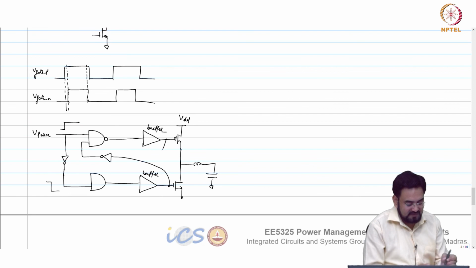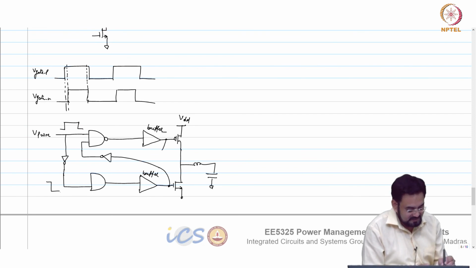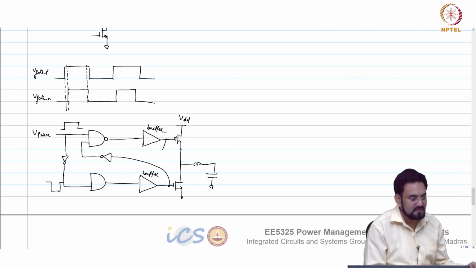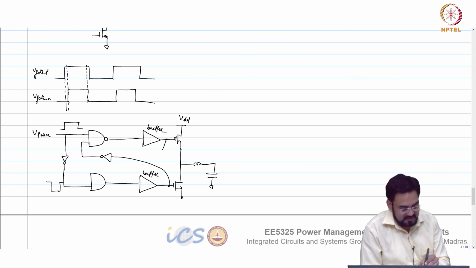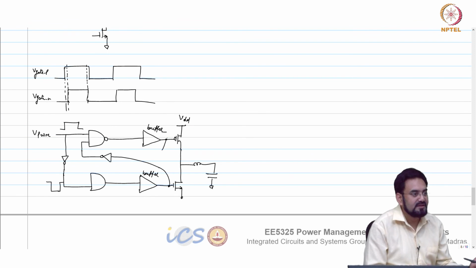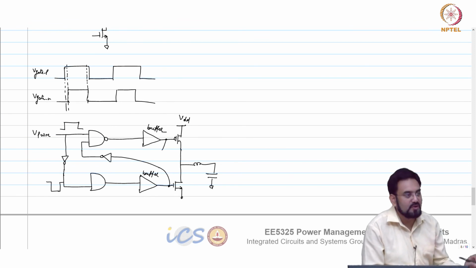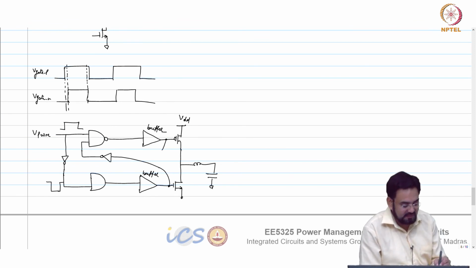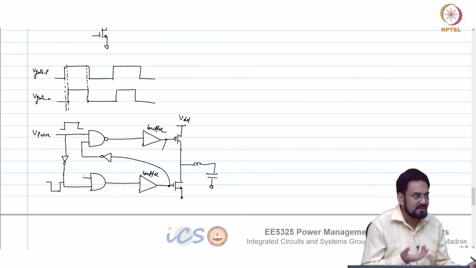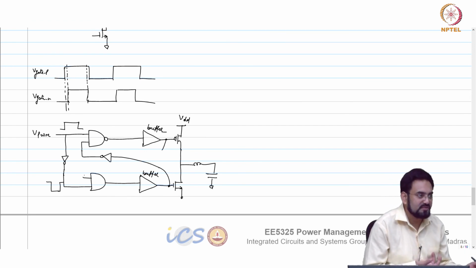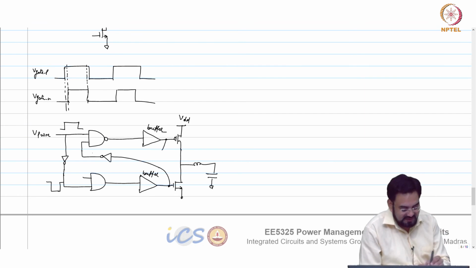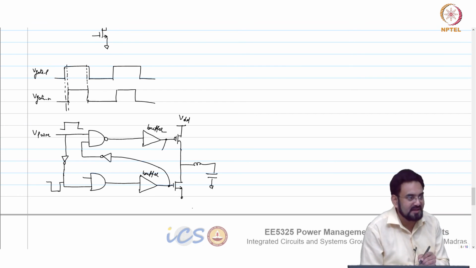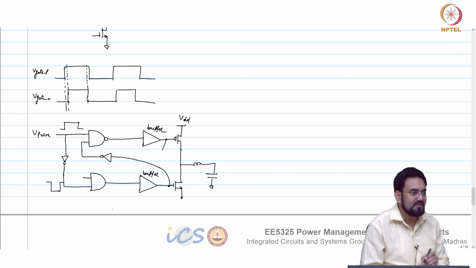Now when this is going low, this will go high immediately, and I want this to go high too. So I do not need any inversion as such, but since you have a delay here, in order to match that delay you have to add an inverter.